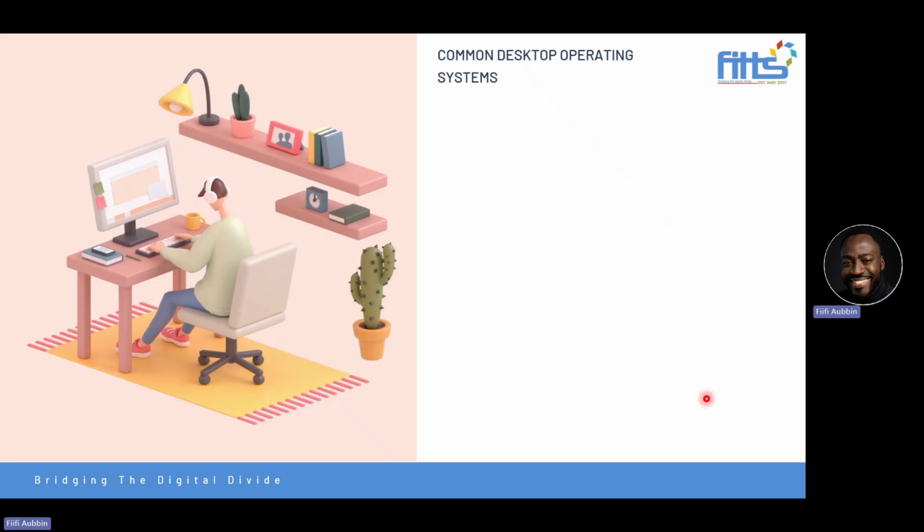So let's look at some common desktop operating systems. We all know about Windows, which is the most commonly used operating system on personal computers all over the world. It's used on laptops and desktops and common in most of our offices, schools, and homes.